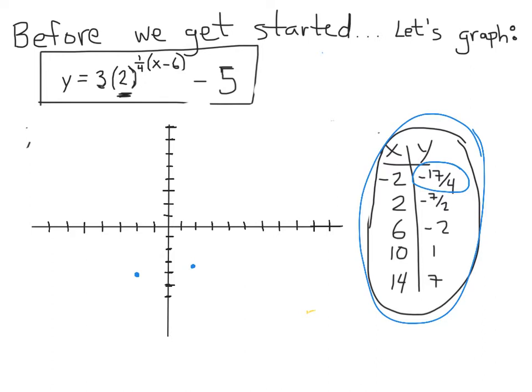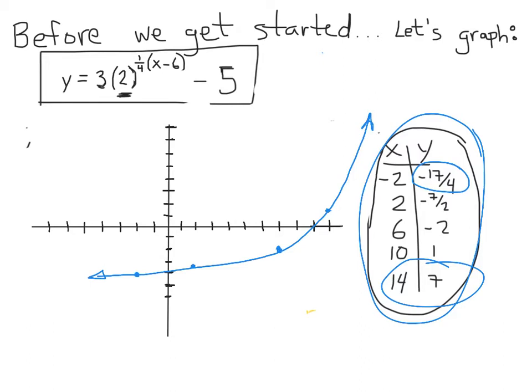Then I have 6, negative 2, right about there. And then I have 10, 1, which is right about there. So this is what my graph looks like. Now the 14, 7 is off the page, so I'm just going to do this here. Okay, and this is what it should look like.